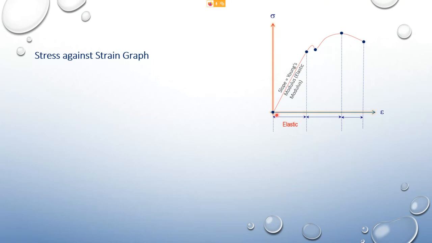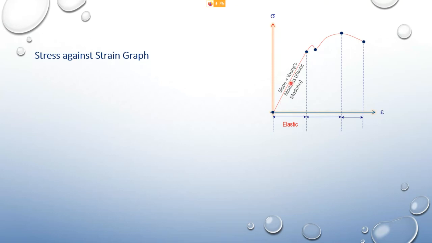But when you remove the load, the object must be able to spring back to restore its original length. Only then can we say that the material is elastic and it obeys Hooke's law.